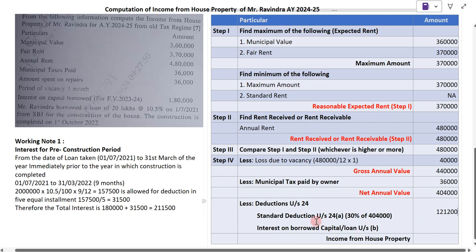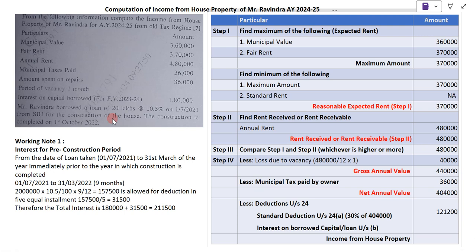Okay, now for this we have to do the working note. In the working note we have to find the interest on the pre-construction period, because he has taken a loan of 20 lakhs at 10.5%. So we have to calculate how much interest he is paying for the construction of the house.